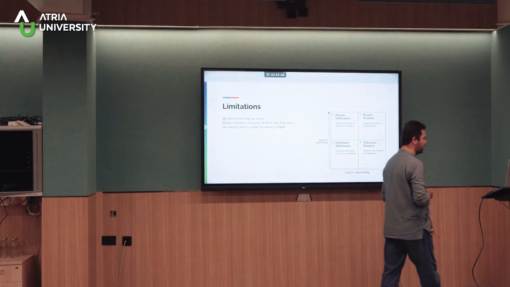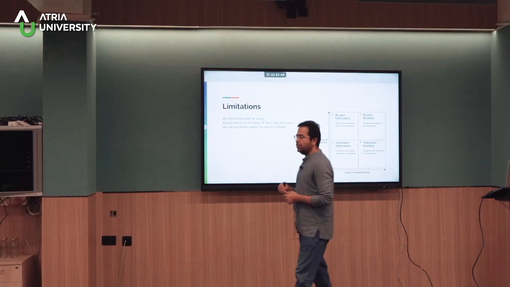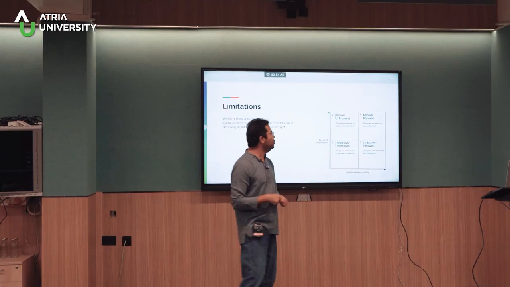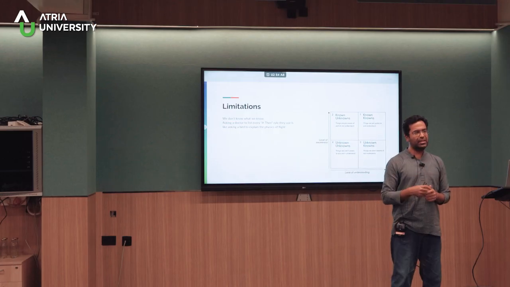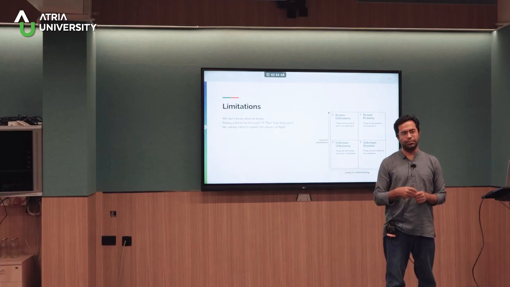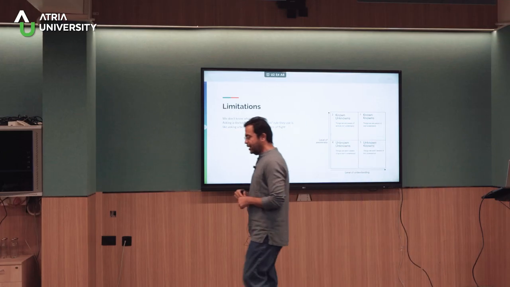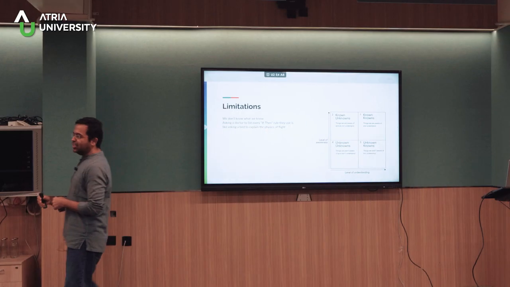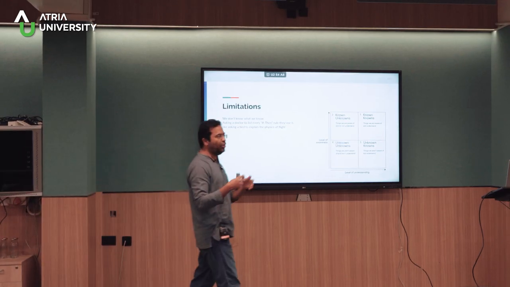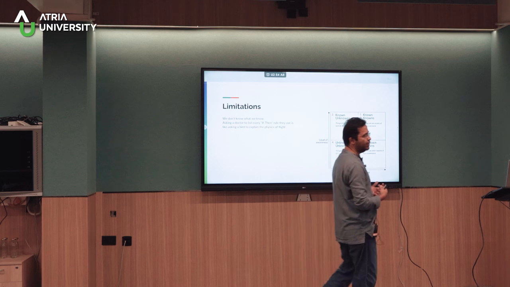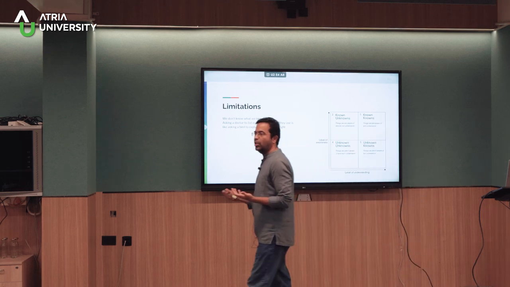Okay, what was the limitation and why did this not work? I don't know how many of you have seen this kind of a 2x2 before, but the problem is most experts don't know what they know. So if you try to interview an expert, even if the expert answers every single thing that you ask them, there's a lot of implicit knowledge that experts have, which you will not be able to capture, because they themselves don't know what they know.